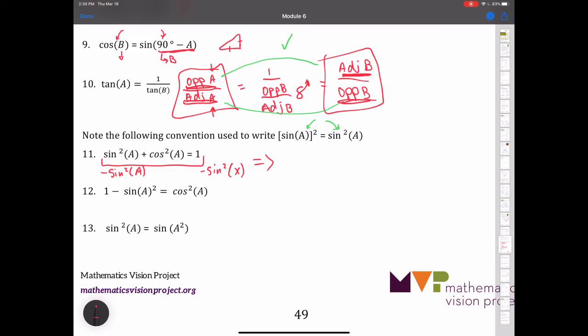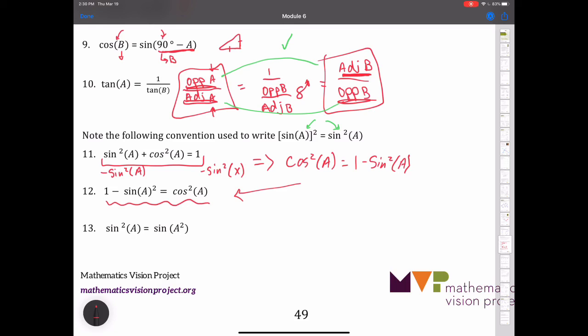So another way to look at that would be cosine squared a equals 1 minus sine squared a, which is this thing right here. So we can say with some authority, yes, that is accurate because we already proved the previous equation, and since this is just a rearrangement of that previous equation, we can say that it is also true.